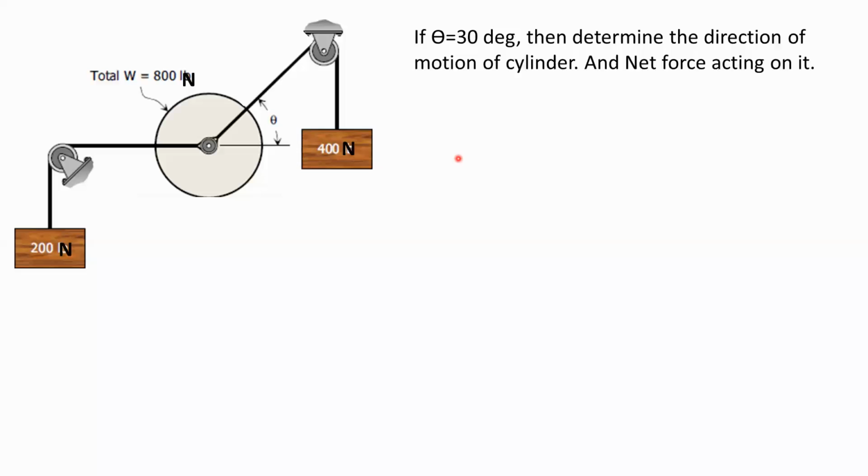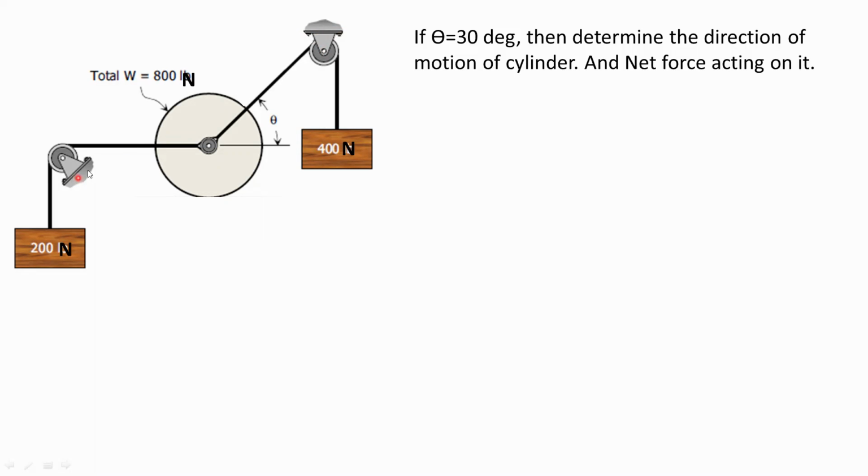So now we will start with this problem. This is one arrangement where two masses, one of 200 Newton and the second of 400 Newton, are connected to this cylinder with the help of a rope and pulley arrangement. These are the pulleys, fixed to the wall.